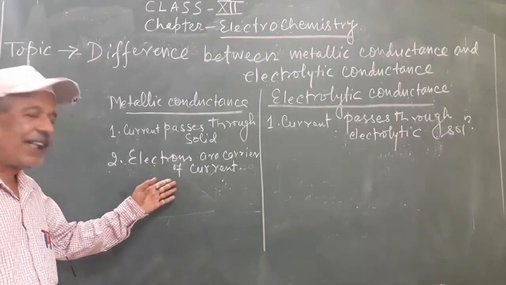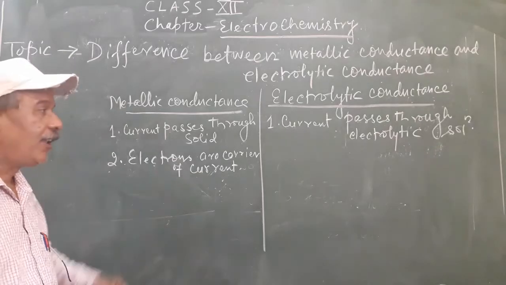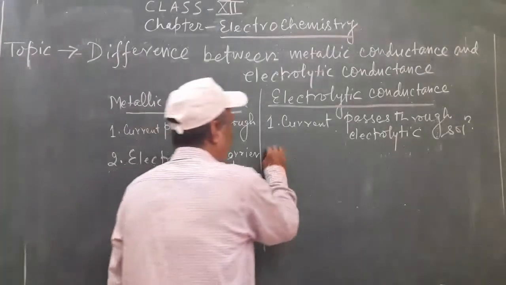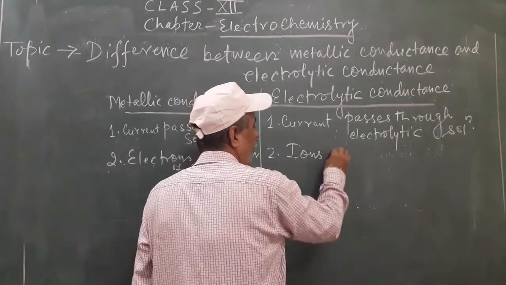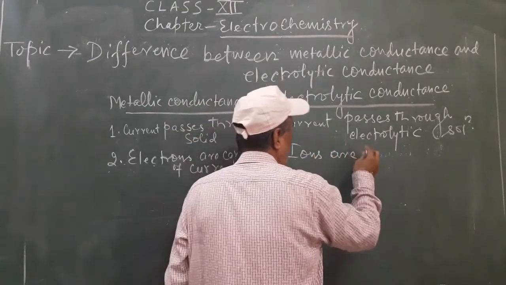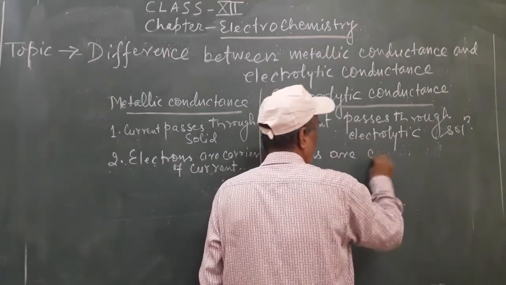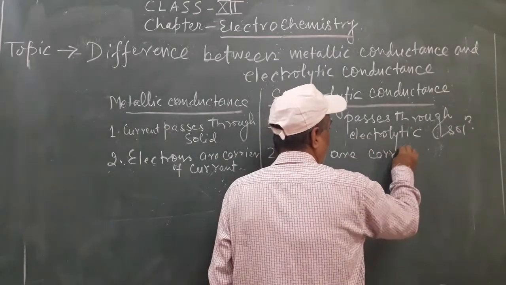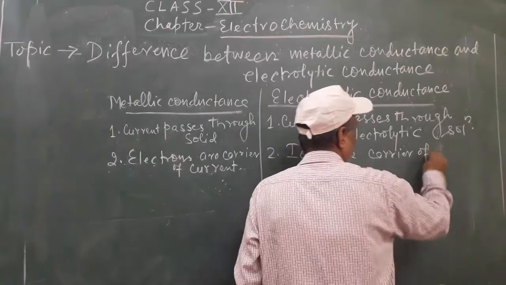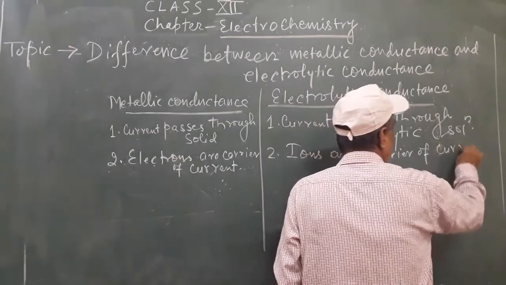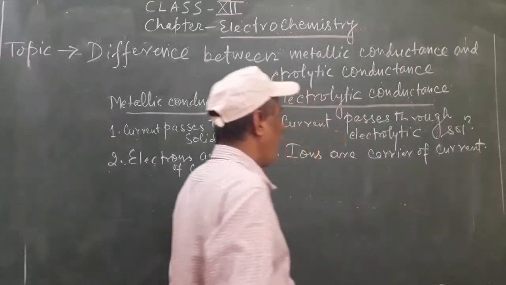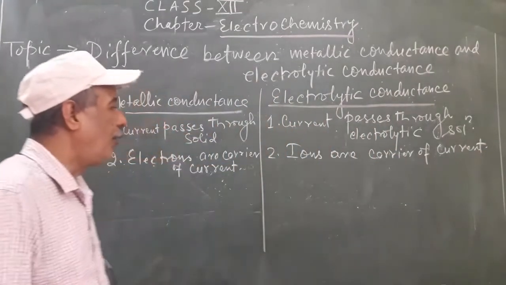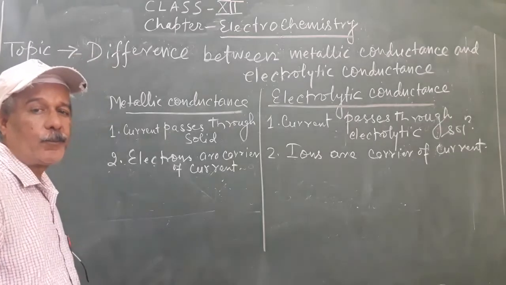Electrons are the carrier of current. Here, ions are carrier of current. Ions are carrier of current. Correct?